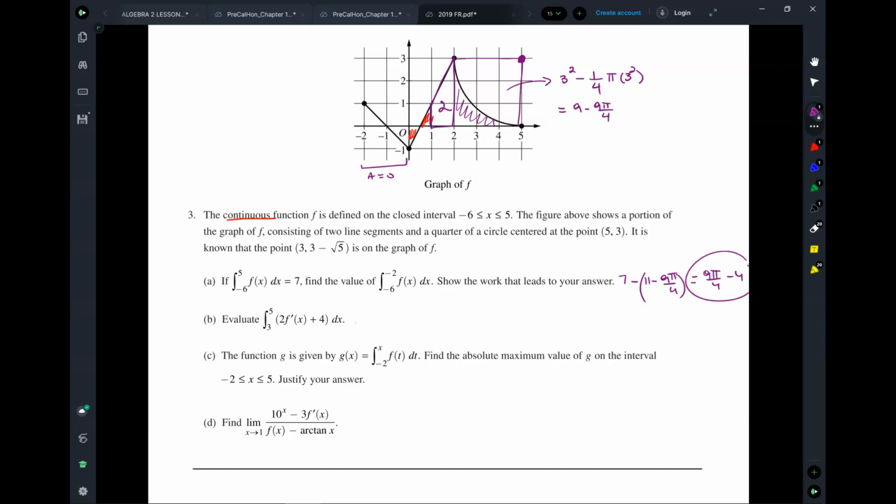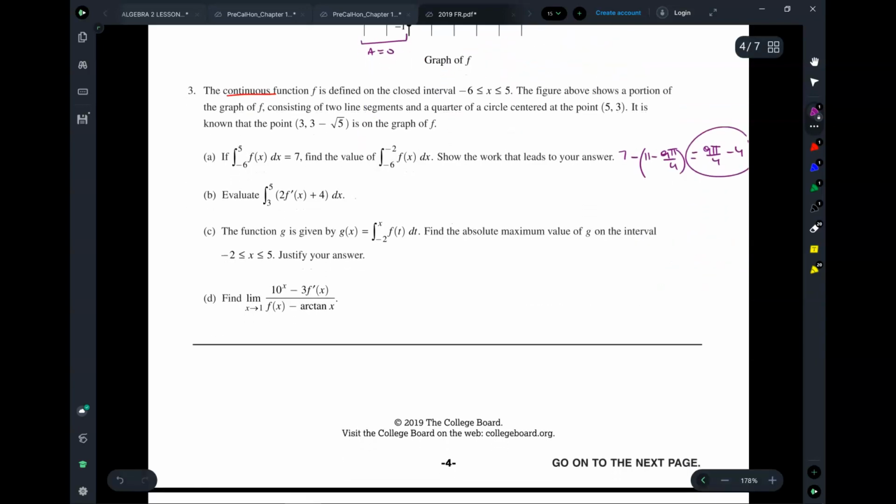Okay, so evaluate, look at this one. Look at what we're going to evaluate here. So this is the integral of something plus something else. So you know what I'm going to do? I'm going to split up those integrals.